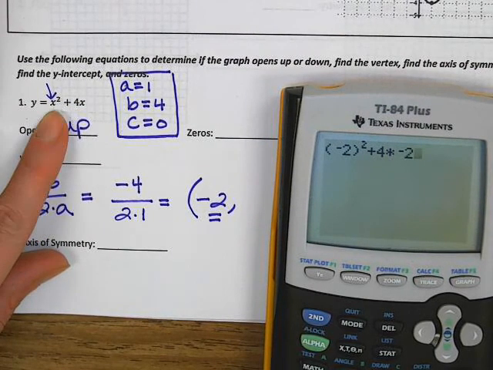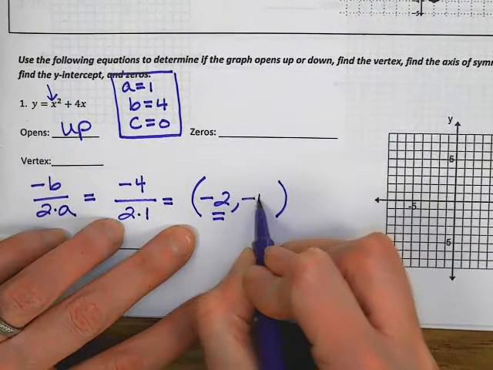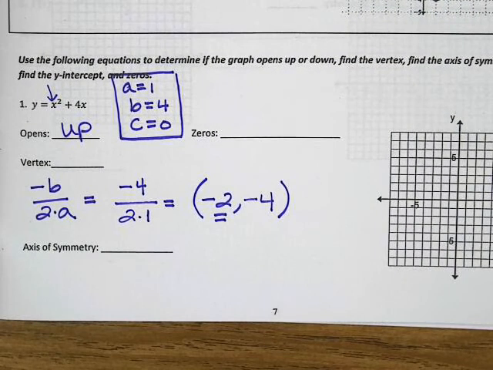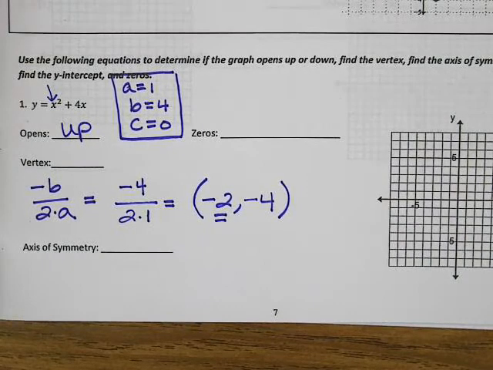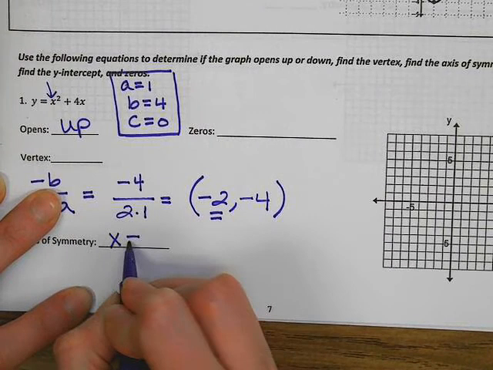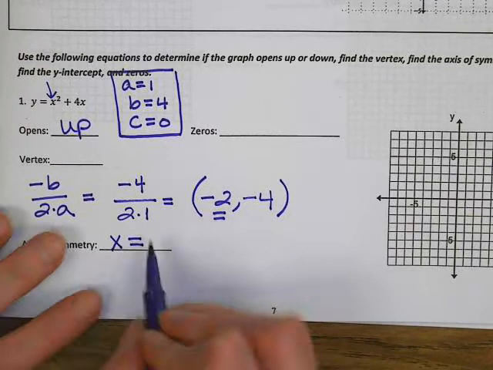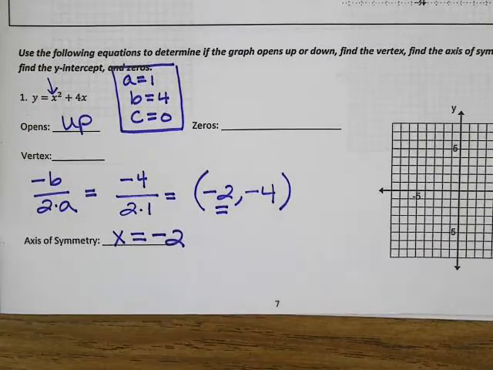We're just plugging negative 2 in for x, and you get negative 4. Okay, so the vertex is (negative 2, negative 4). The line of symmetry, remember it's a vertical line, so it's always x equals the h value of the vertex. So x equals negative 2.